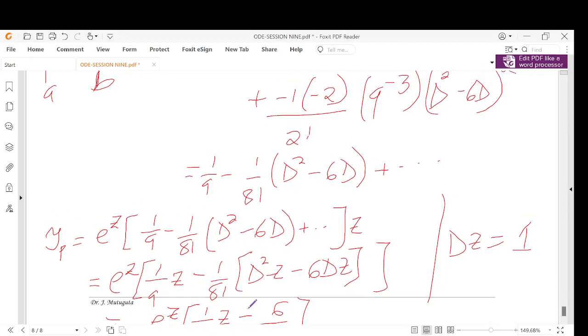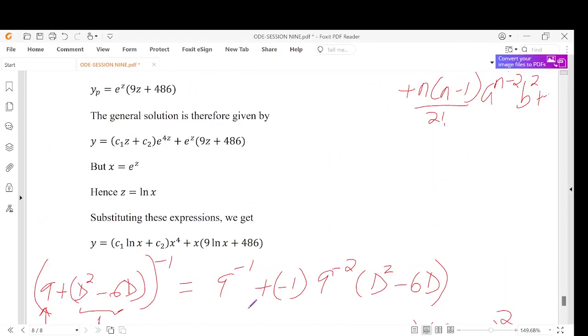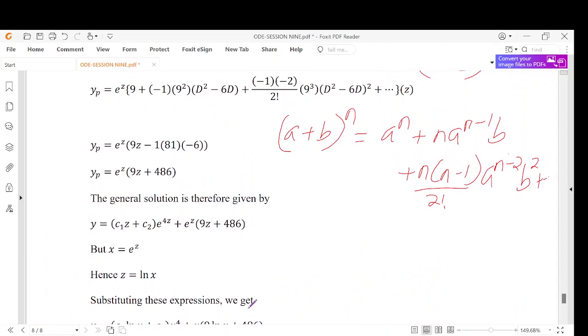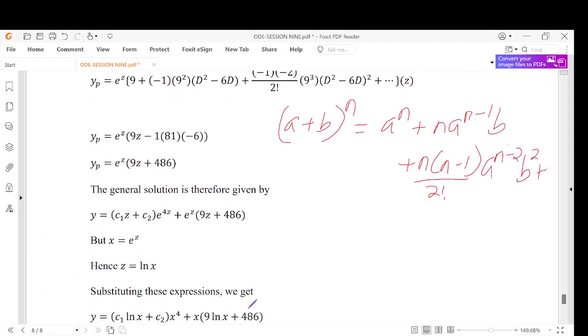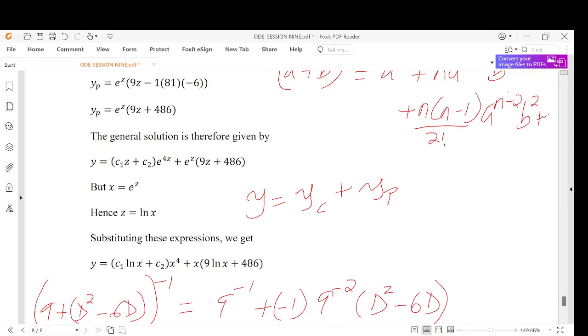So once we have the particular integral, we can now substitute back. Remember the solution, y is equal to yc plus yp. We had obtained yc as c1 z plus c2 e raised to power 4z.